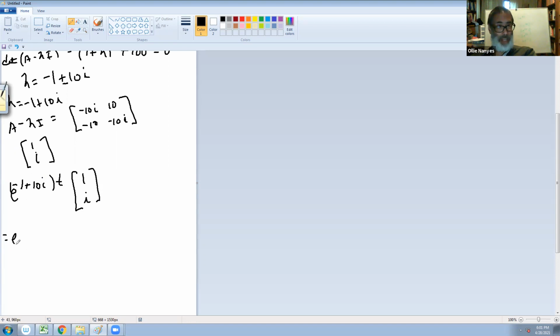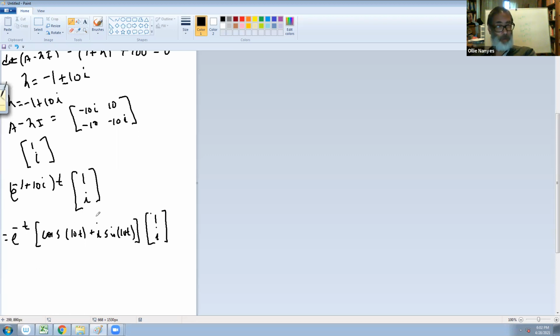And I'm going to rewrite this as e to the minus t. And then keep in mind that e to the 10i t is going to be cosine 10t plus i sine 10t times 1, i. I better close this up.